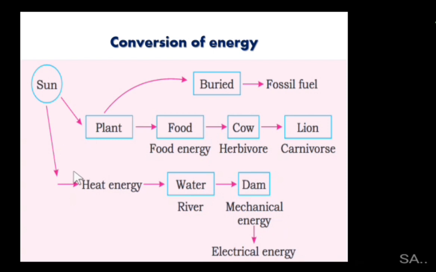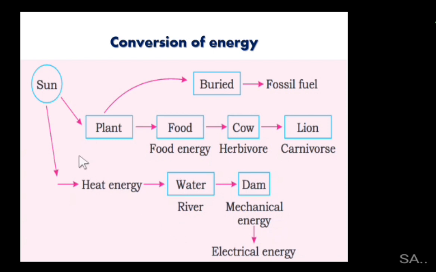Here is a flowchart on your screen. This is discussing how the energy of the sun is used up by plants and how it is turning into some other energies, and another component of this ecosystem, that is a non-living component. How is it utilizing the sun's energy and converting into other forms of energy?